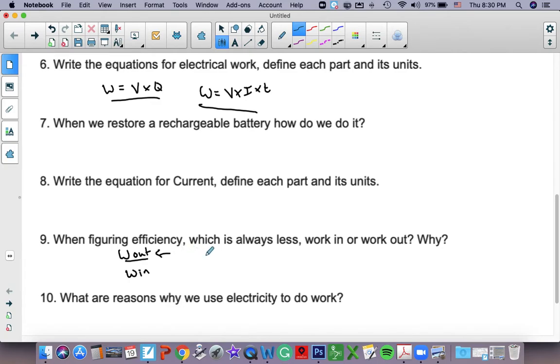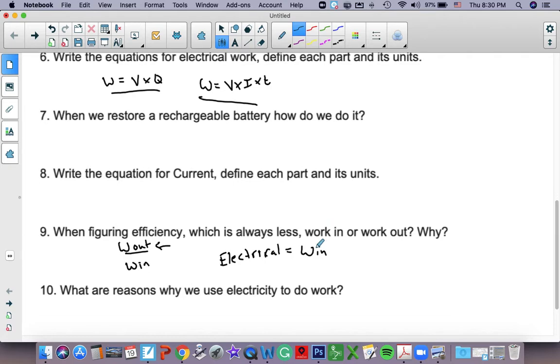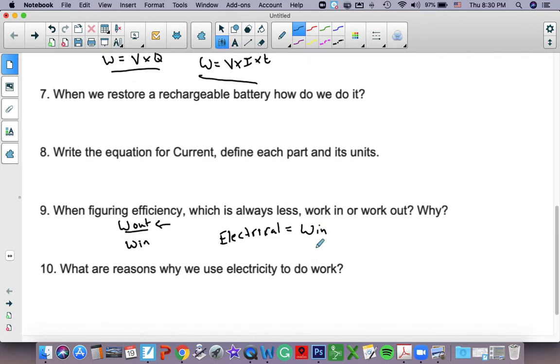If we're talking electrical work here, electrical work is usually the input. Let me fix that here. Electrical work is always the input because that's what we're putting into the system to get something out. So that's work in, what we're putting into the system to get our mechanical work out.